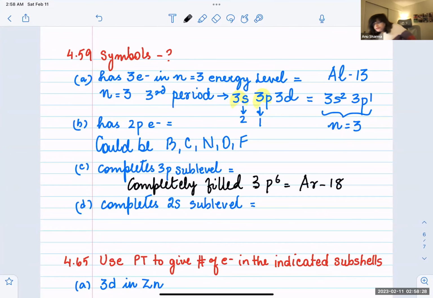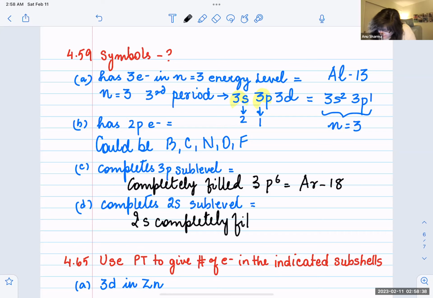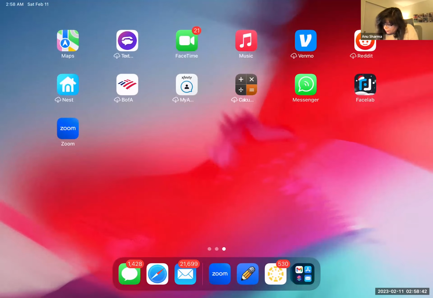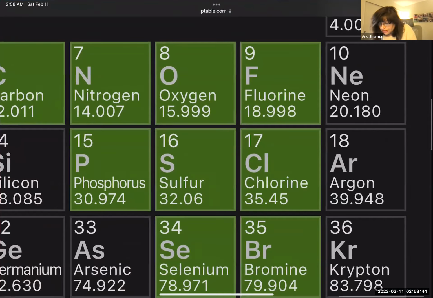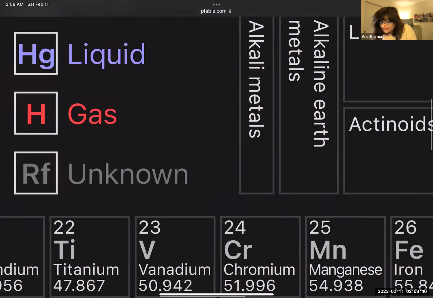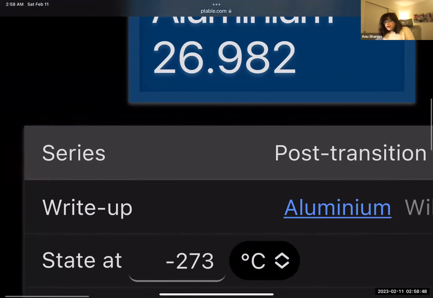And then completes the 2s sublevel. So when 2s is completely filled, which one? 2s means the second energy level, and s is obviously the s block.